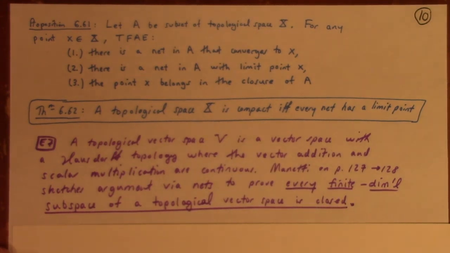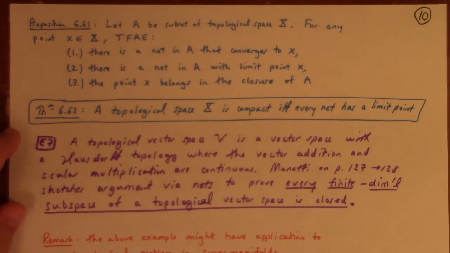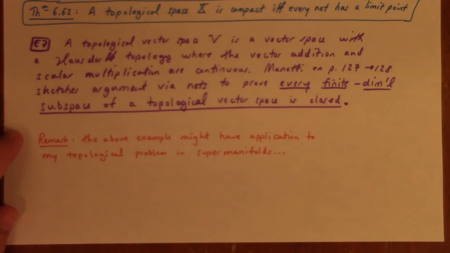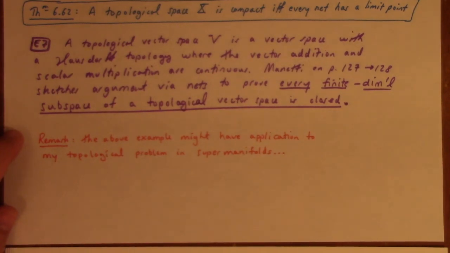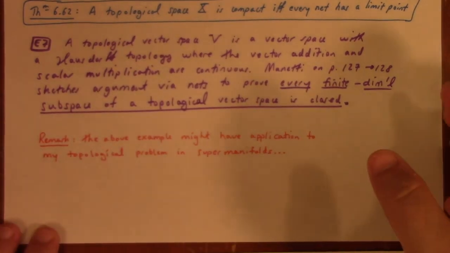So it's kind of neat. I have a suspicion that it might actually be helpful to a problem I have in the topology of supermanifolds that I'm a little stuck on. Anyway, I could tell you more about that later if you're interested.